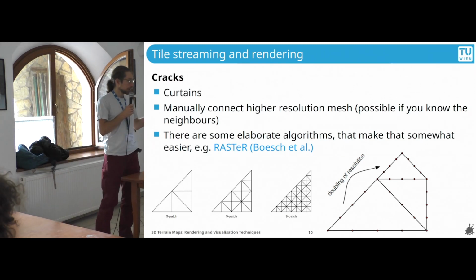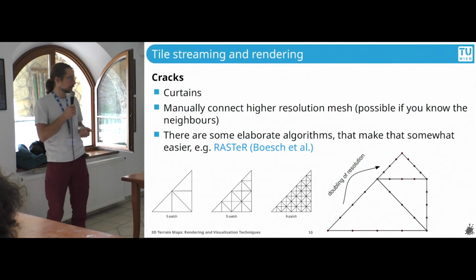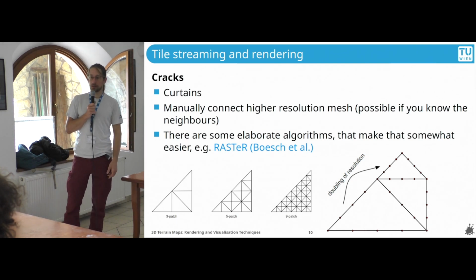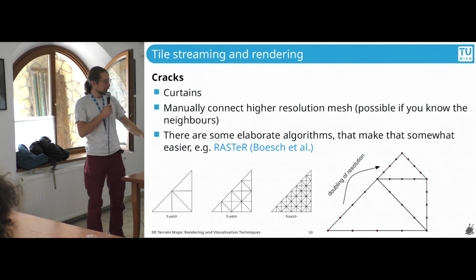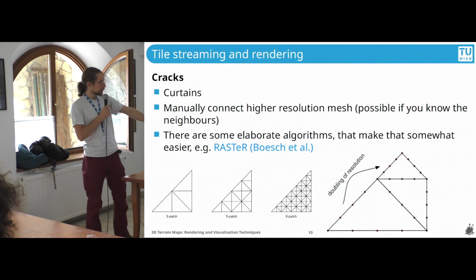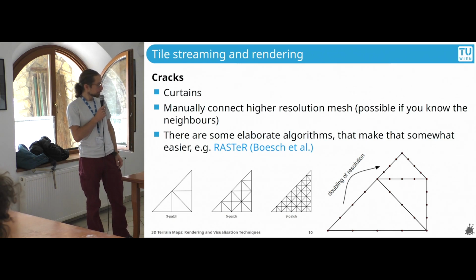But there are some relatively elaborate algorithms that make this possible and that make this easier. One of them is RASTER by Bösch et al. And what they do is they use, instead of rectangular grid patches, such triangular patches, like you can see in the lower left corner.